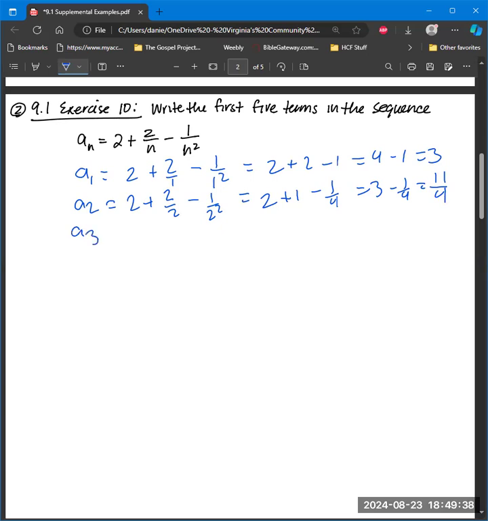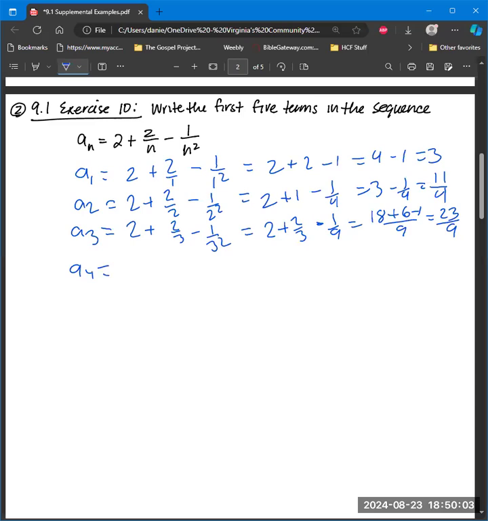A 3 is 2 plus 2 thirds minus 1 over 3 squared is going to be 2 plus 2 thirds minus 1/9. Let's change everything to ninths. 18 plus 6 minus 1 over 9 is 23 over 9.